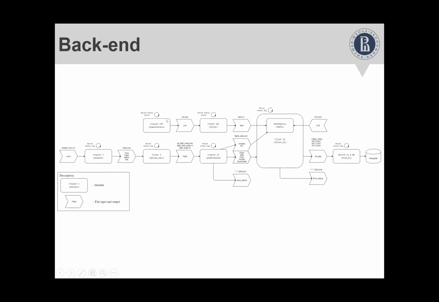For example, one crawler and one line works once a month. It's the coefficient of seats. This line finds new information about the coefficient of seats, and it's needed just one time a month.